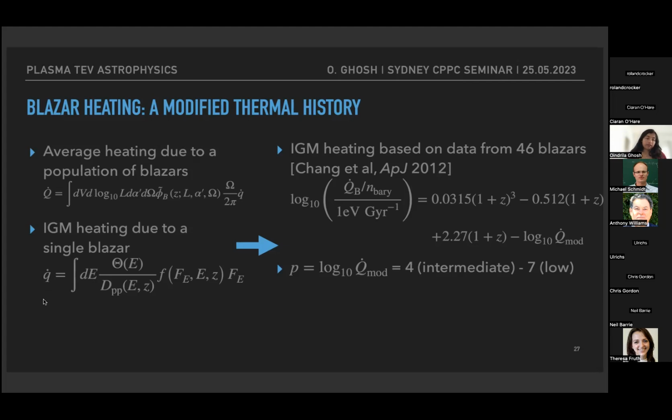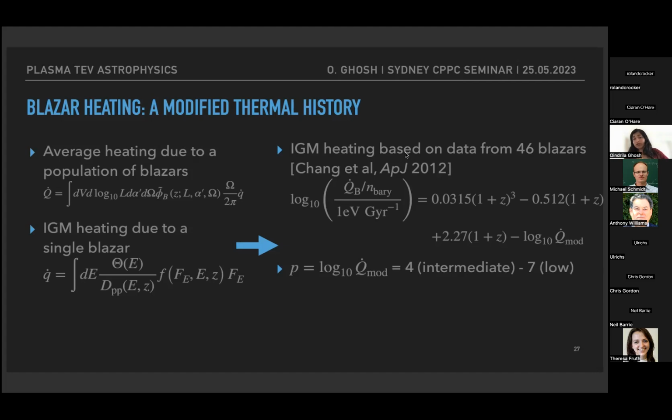So this is the heating rate from one blazar, and this could be generalized to a population of blazars viewed in a certain solid angle. You could essentially try to estimate the total heating rate from these blazars.